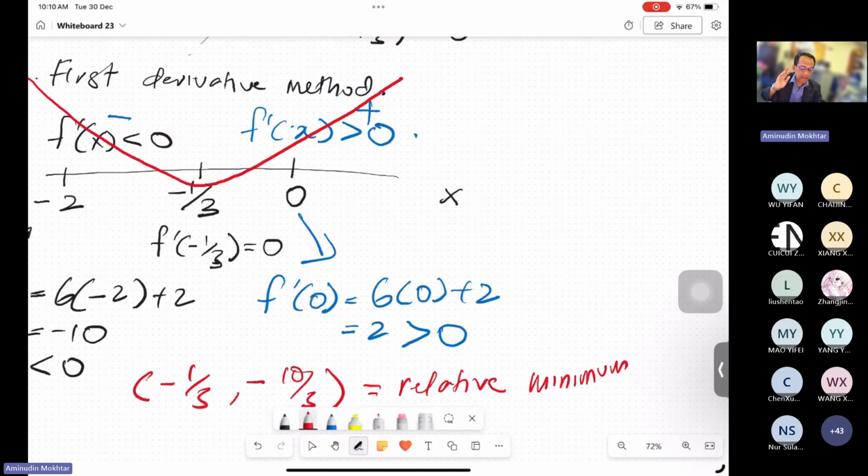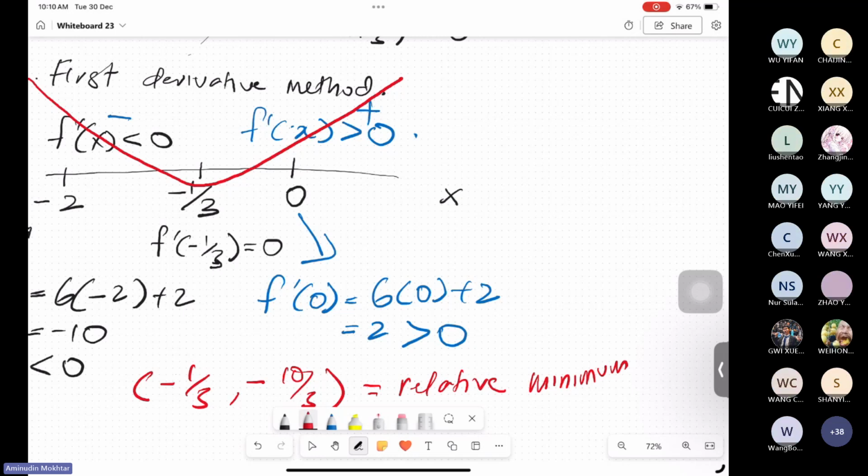Before the critical point is negative, after the critical point is positive. So we can conclude that the critical point is the relative minimum point. That's how to identify the relative minimum or relative maximum based on the first derivative method.